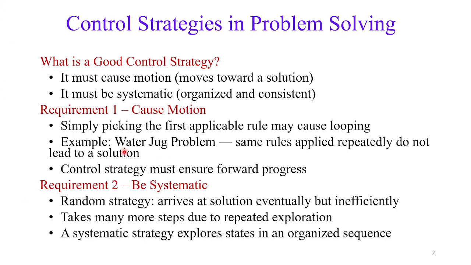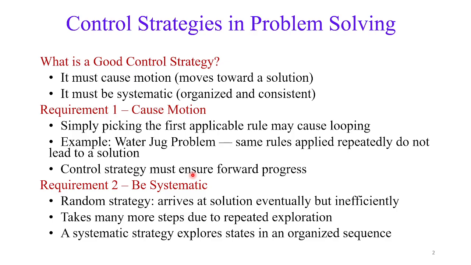Let us take the example of the water jug problem. What is a water jug problem? You have a 4-gallon jug of water and a 3-gallon jug. The goal is to exactly fill 2 gallons of water in the 4-gallon jug. If you apply the control strategy blindly, applying any applicable rule or the first applicable rule, say always fill the 4-gallon jug, then you get stuck in a loop and come to the same state again and again.